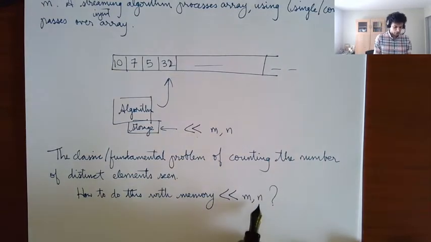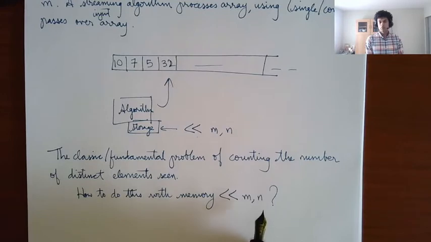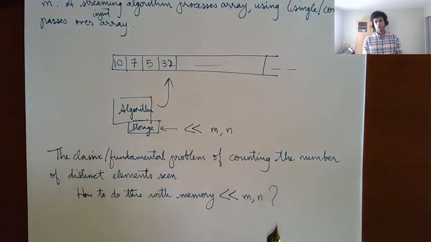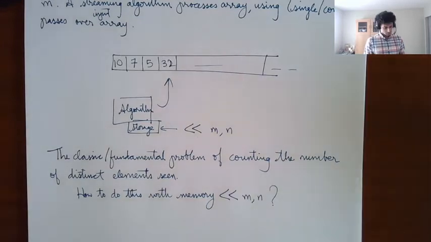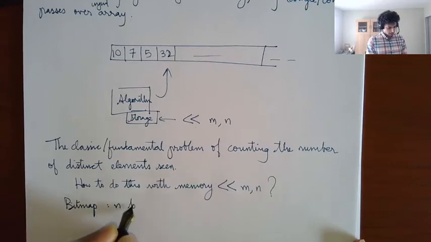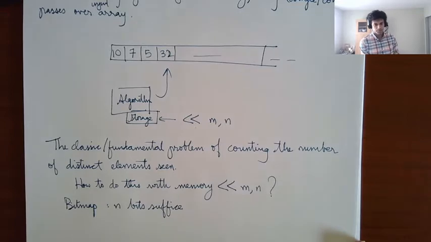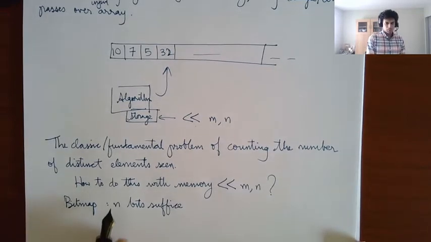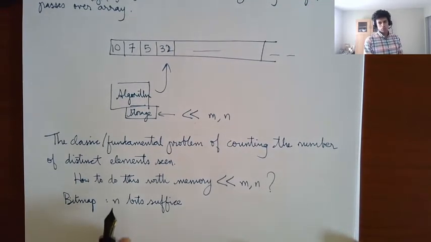It's trivial how to do it with a memory of n. You don't even have to store a hash table. You could just store a bitmap, right? So with a bitmap, n bits suffice. Now, this assumes that you know what the universe is.